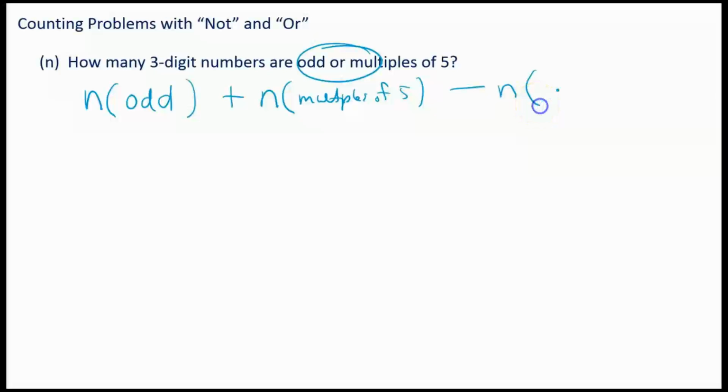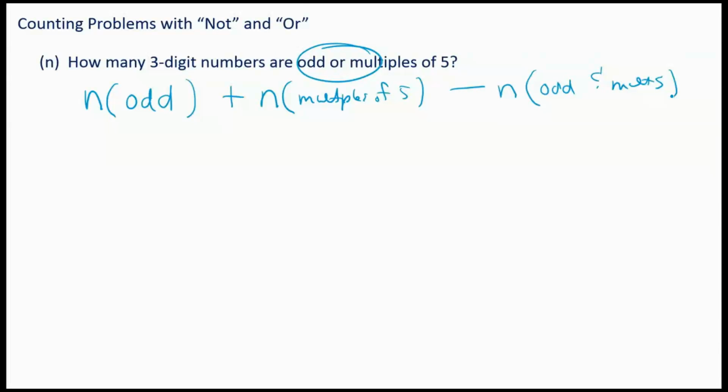So subtract out those that are odd and multiples of 5, right? Because there could possibly be numbers that are both odd and multiples of 5. So we'll talk about it as we go through, but one thing at a time.